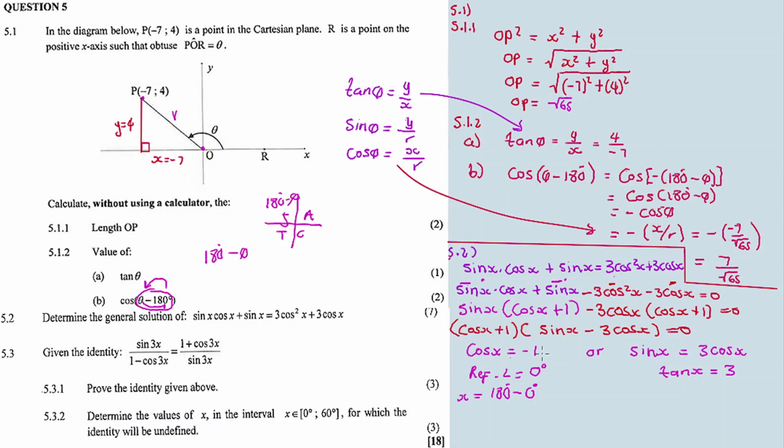That's where cos is negative, the second quadrant. So it's 180 degrees plus k times 360 degrees, where k is an element of integers. X is equal to 180 degrees plus k, an element of integers, times the period 360.